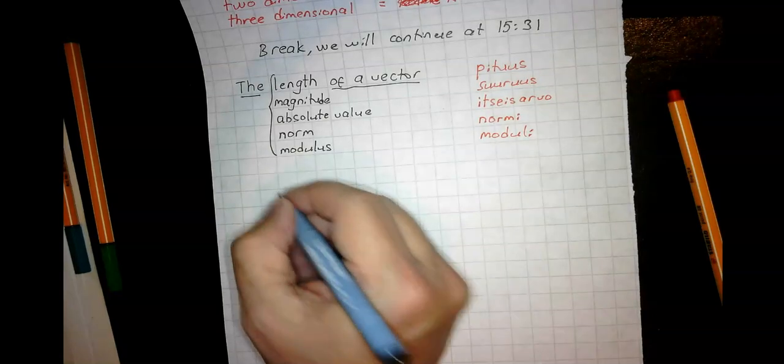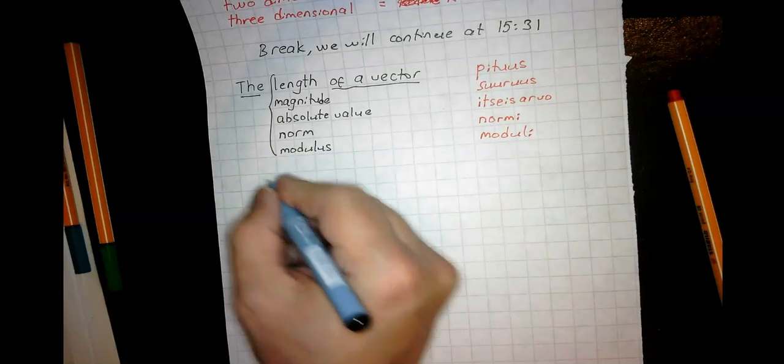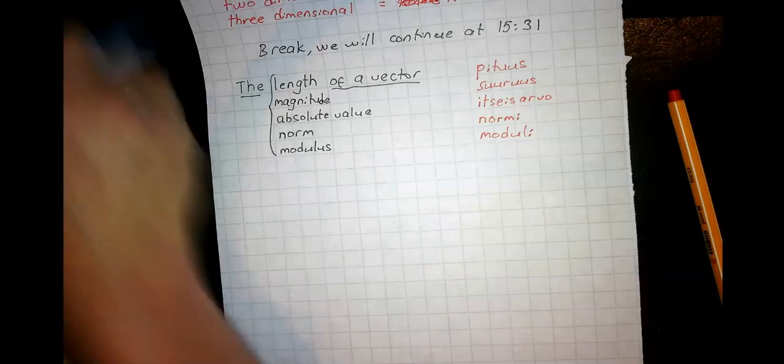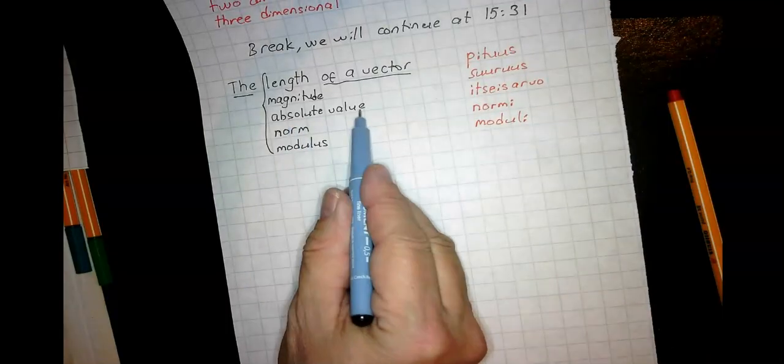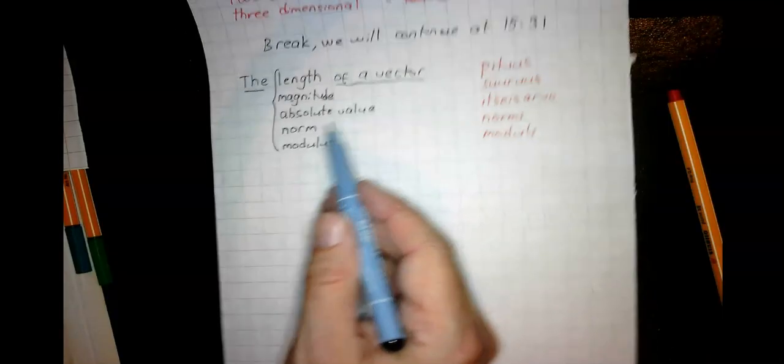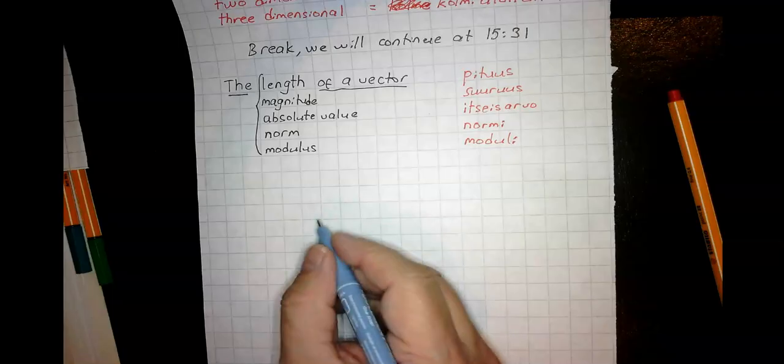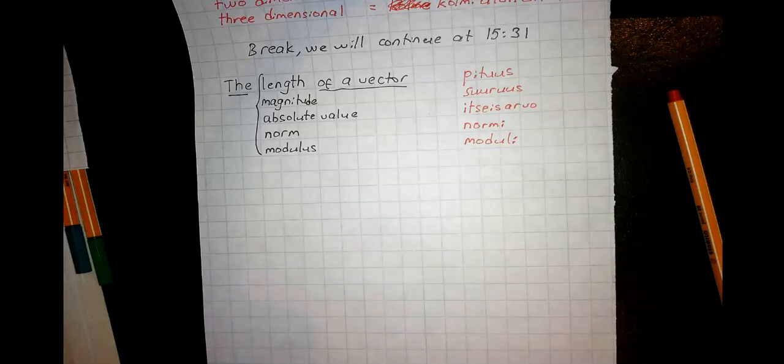For example, if we have vector OA as here, we may use the absolute value notation. The absolute value is notated with two vertical lines.